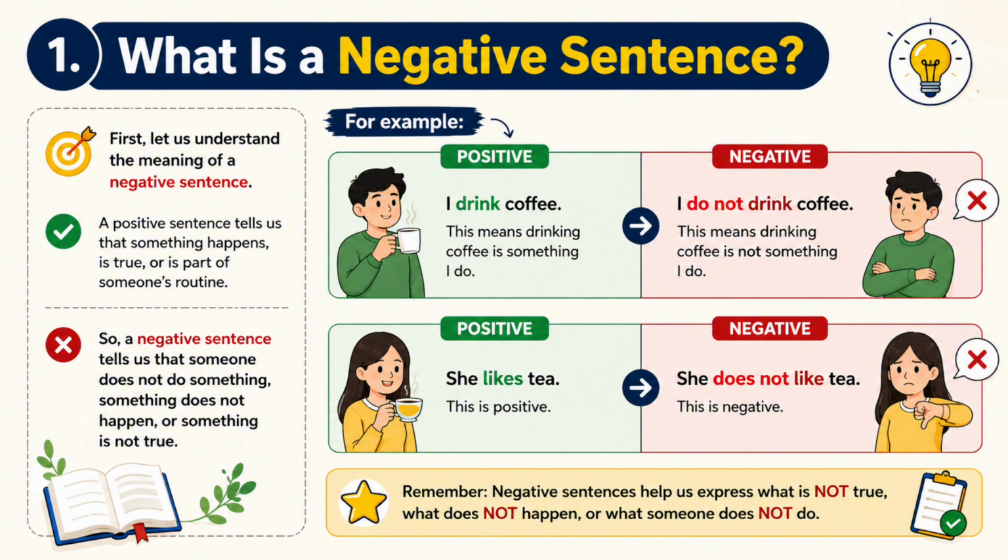I do not drink coffee. This means drinking coffee is not something I do. Another example, she likes tea. This is positive. She does not like tea. This is negative. So a negative sentence tells us that someone does not do something, does not happen, or something is not true.